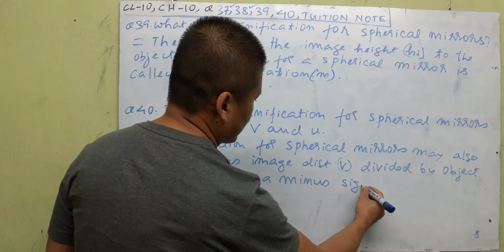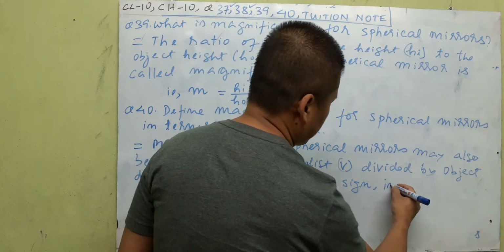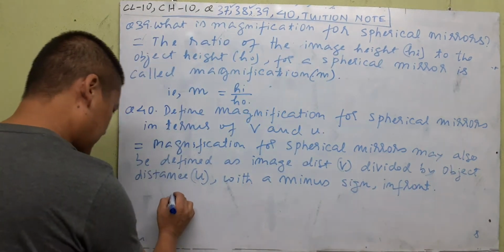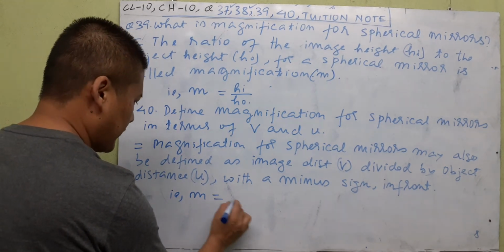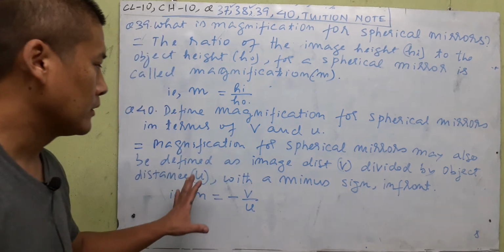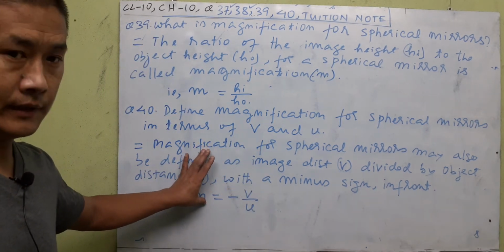For a mirror, there is a minus sign in front of the formula. So what do we mean by this? That is, M is also found to be equal to minus V divided by U. Okay, so if it's in terms of V and U, we have to define it like this.